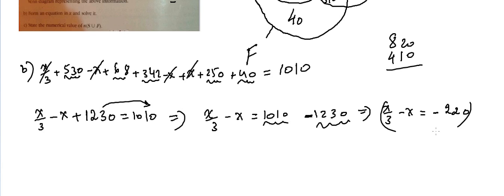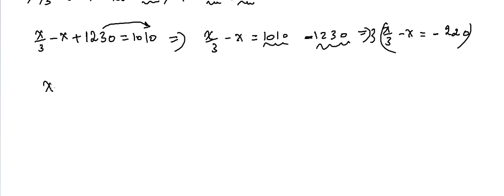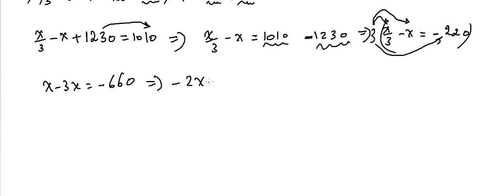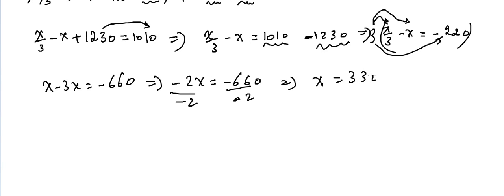Let's multiply the whole equation by 3 to get rid of the fraction. So it will be X minus 3X equals, not minus 220, minus 660, right? 3 times X over 3 is X, minus 3 times X is minus 3X, and 3 times minus 220 is minus 660. So what we got is minus 2X equals minus 660. We divide both sides by minus 2 to get X equals finally 330 students who are taking all three languages together.